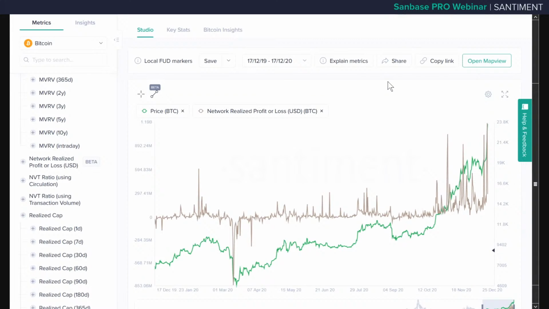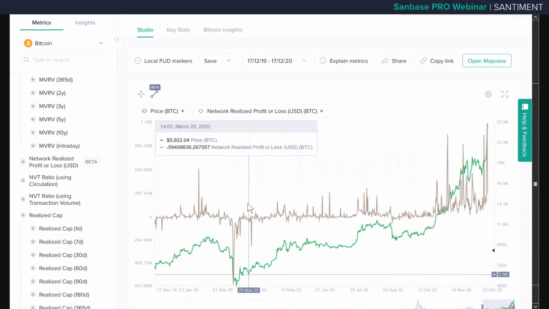So in general, network profit loss works like this. When you see spikes in NPL, let's just call it that for short, they point to periods of profit taking, or they point to the fact that on average, all market participants are moving their coins at substantial profit if we accept the assumptions that are being made by this metric.